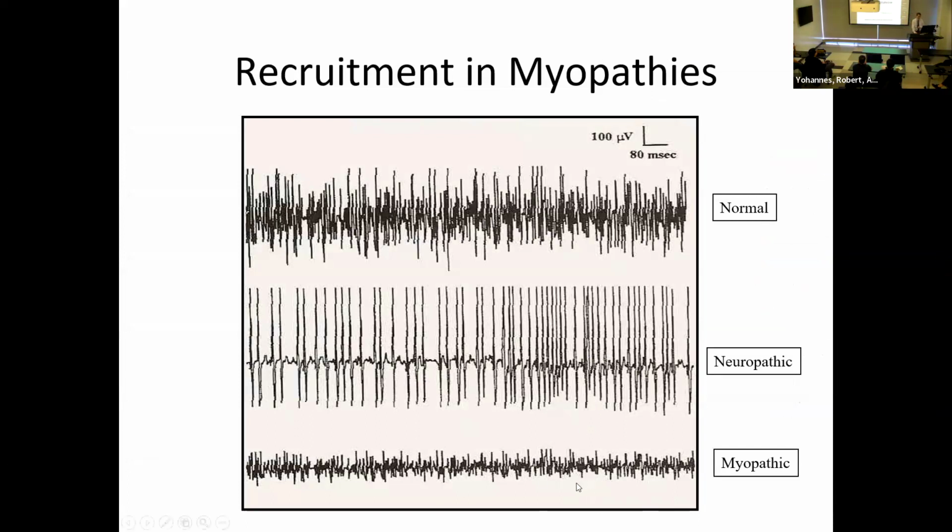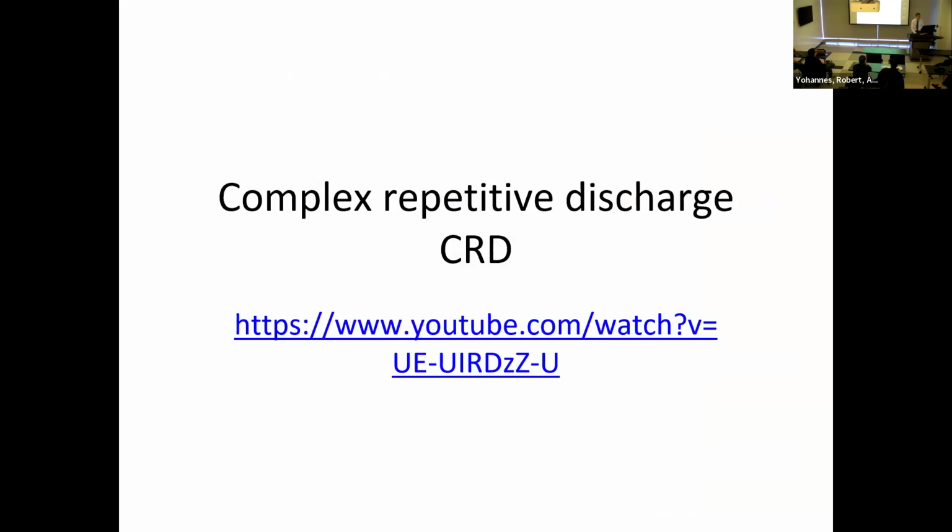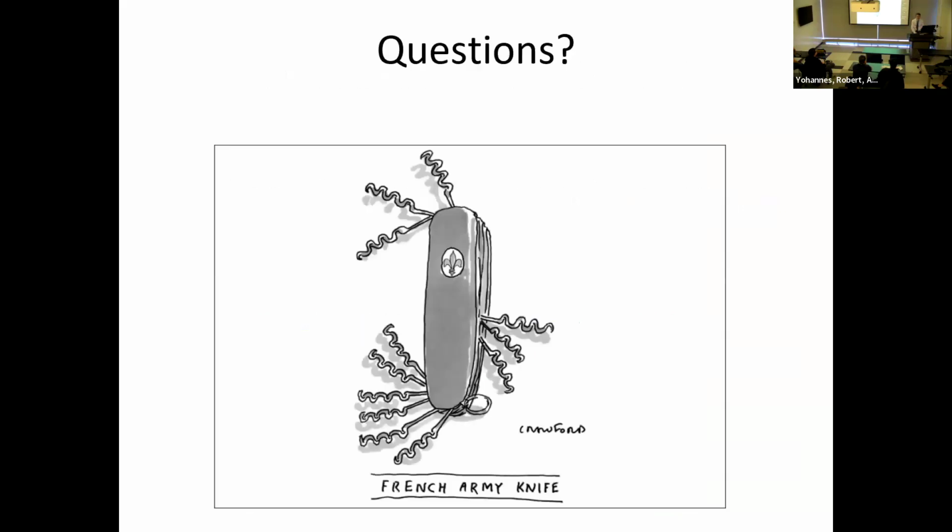And then the third one, myopathic, is when we have a large number of workers, but they're each weak. So each has to come to the aid and try to raise whatever object we are lifting. We'll go into that. Any questions?